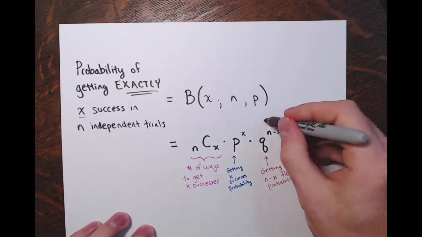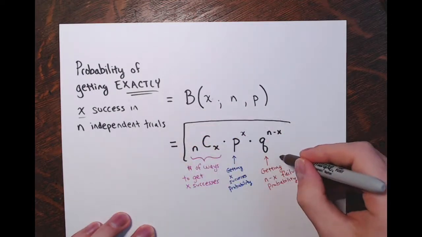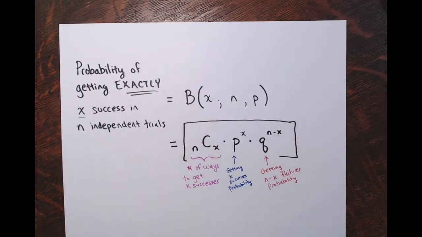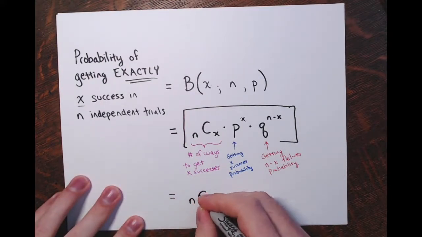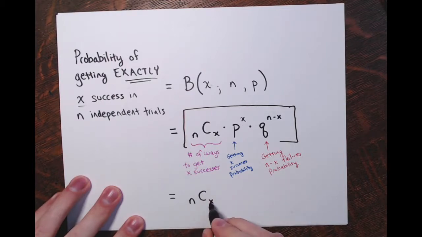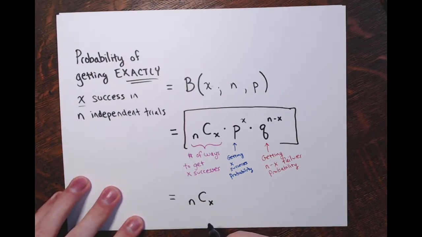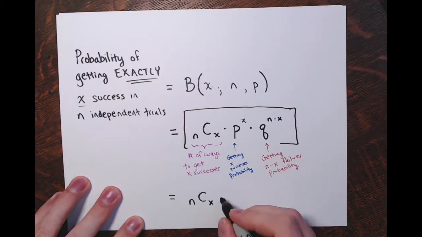Now, I have the formula written this way. You just have to remember that Q is the same thing as 1 minus P. P plus Q should be equal to 1. So that's why they have N choose X. How many ways can I get X successes out of N trials?